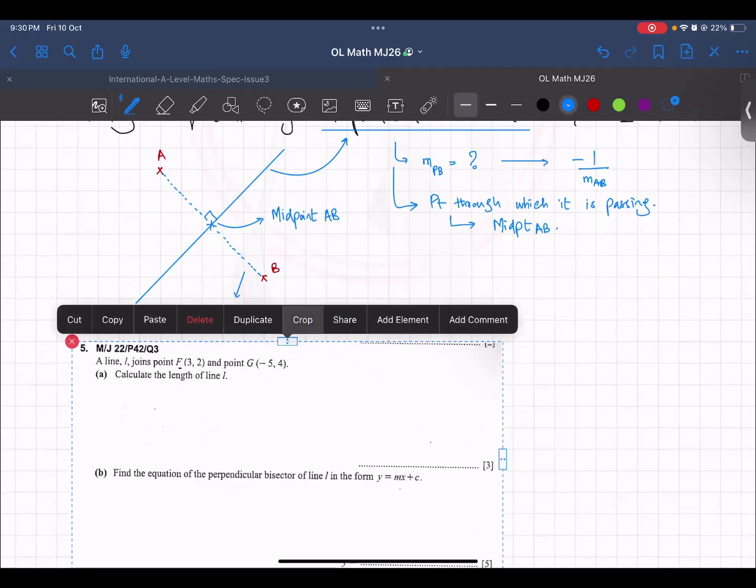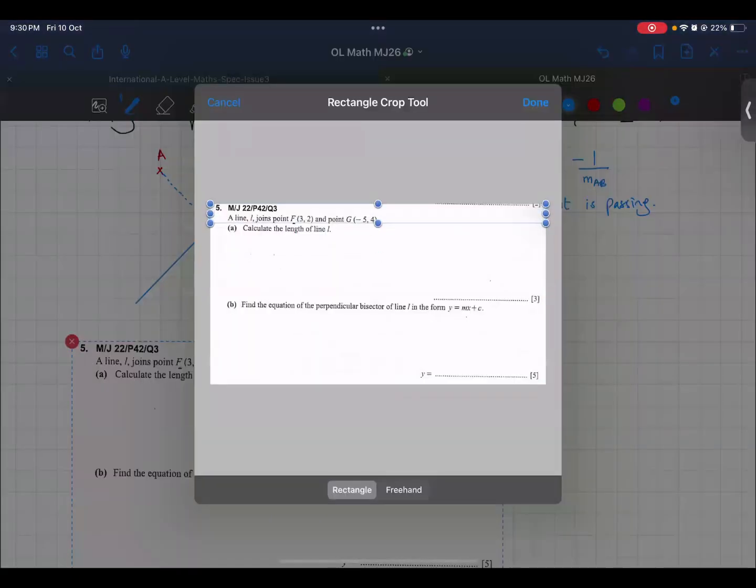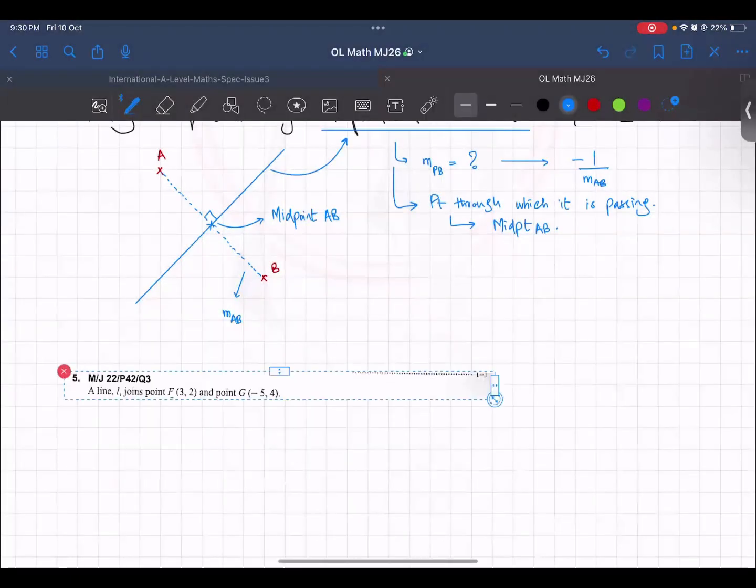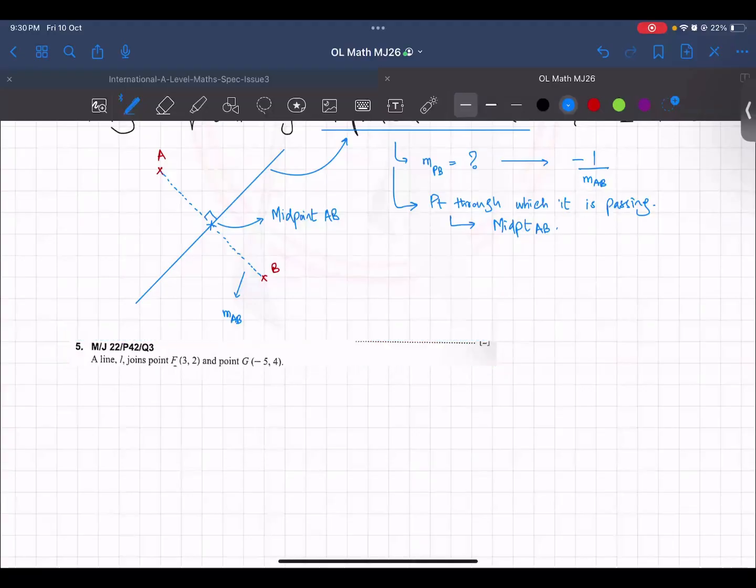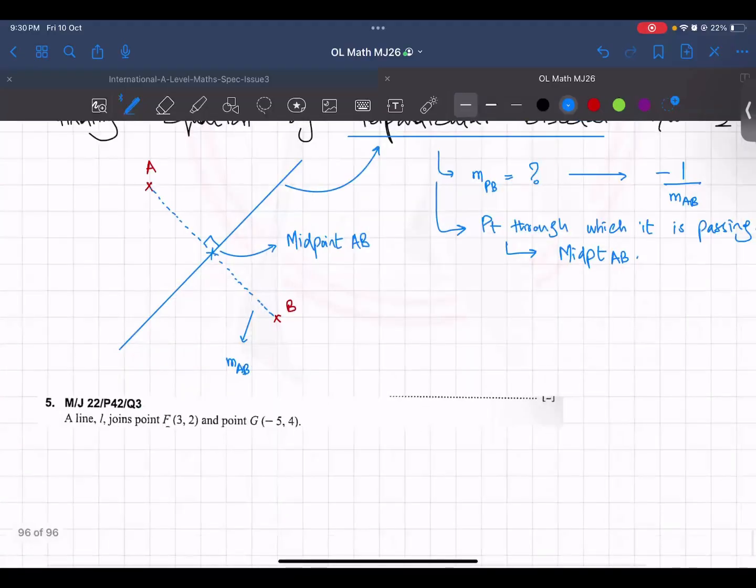So they have given you these 2 points, and they're asking you to find the perpendicular bisector. So let's suppose I'm changing the names over here. Let's suppose this is F. They have given you 3, 2. And this is G, which is minus 5, 4. So I think the easiest part, first of all, is to get the midpoint.